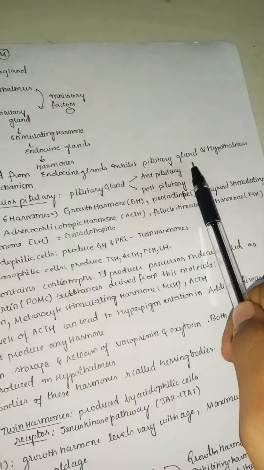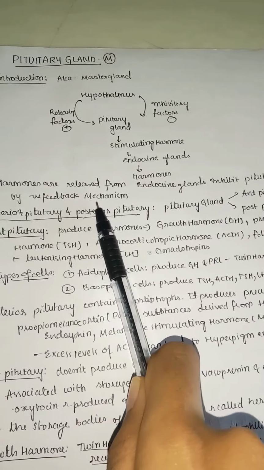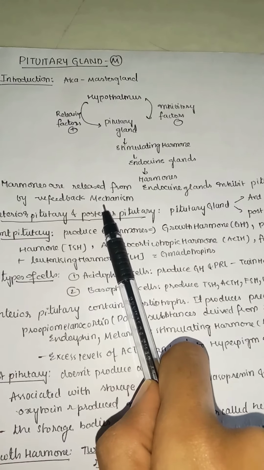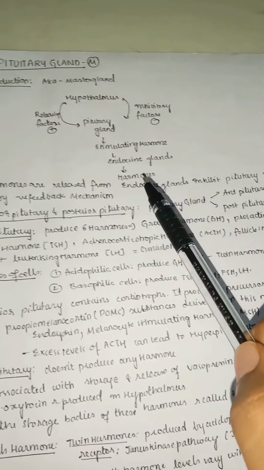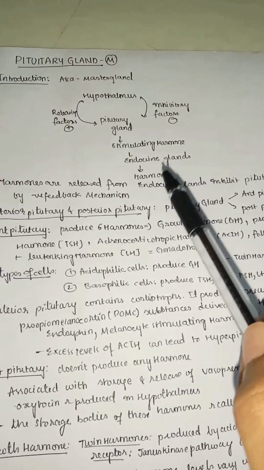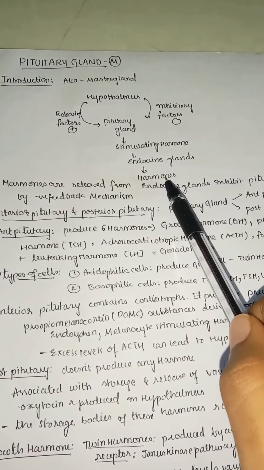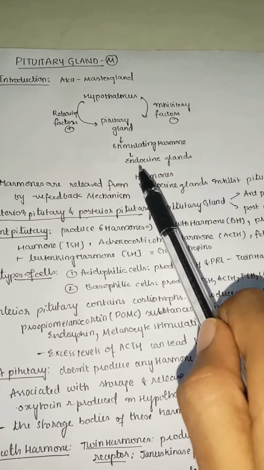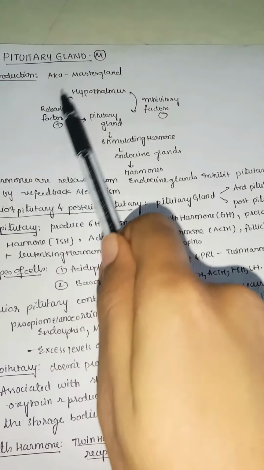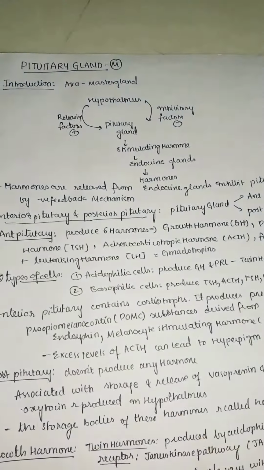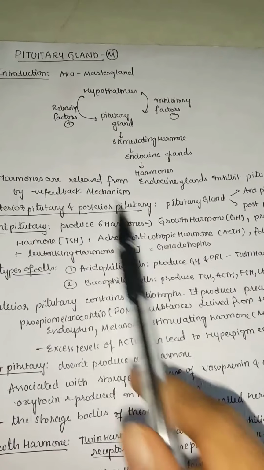Hormones inhibit the pituitary gland and hypothalamus by a negative feedback mechanism. So actually, as we said, this is a positive feedback mechanism. There is also a negative feedback mechanism that is given by hormones. For example, if some kind of hormone is in excess in our body, then this hormone gives negative feedback. It may inhibit the pituitary, and it may also inhibit the hypothalamus.